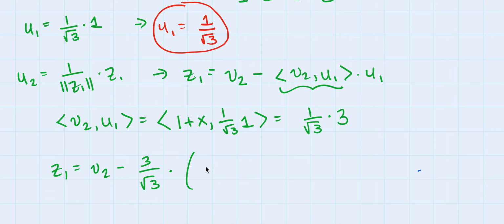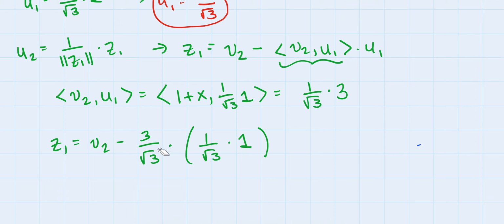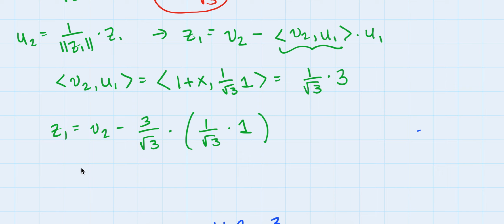And u1 is 1 over root 3 times 1. And what happens now, as you can see, is we have double of this radical. So if you multiply root 3 with root 3, you get 3. And then 3 over 3 cancels. And don't forget that we also have this 1 here, so we're good. So we end up with z1 is v2 minus 1, because all of this stuff cancels. And v2 is 1 plus x, so we're subtracting 1, and I get just x. Okay, so that's z1.